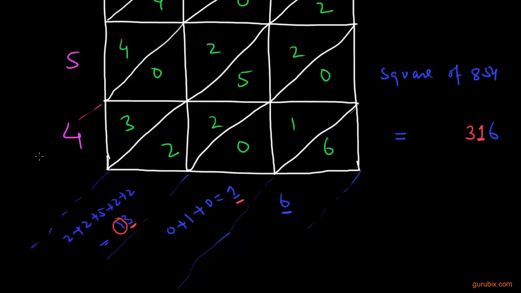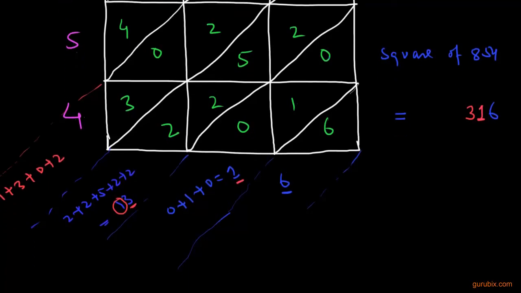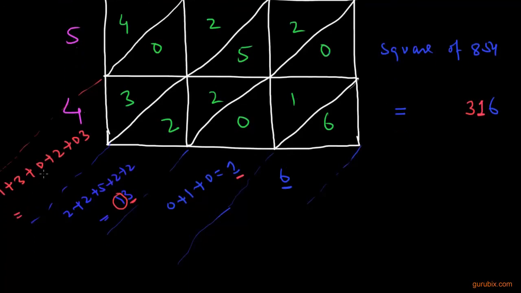And now we shall underline the unit digit of this sum and write it here, and carry over this 1 to the sum of the digits of the next diagonal, and that is 1 plus 3 plus 0 plus 2 plus 0 plus 3, and if we add these numbers, the sum is equal to 9, and this is a single digit, and so we shall underline it and write it here.